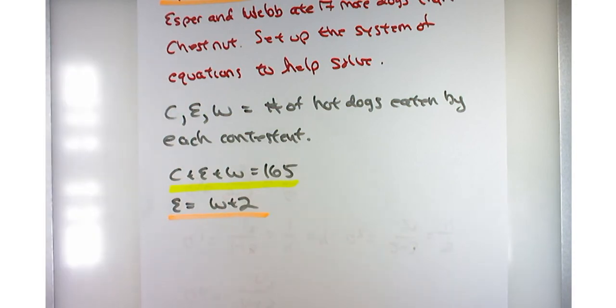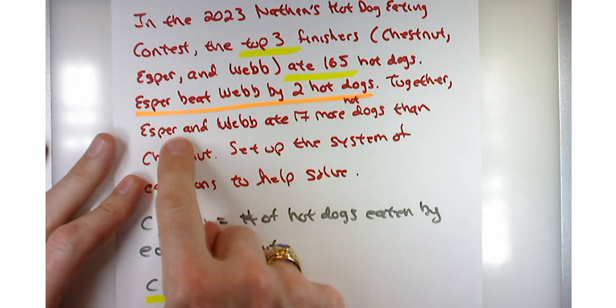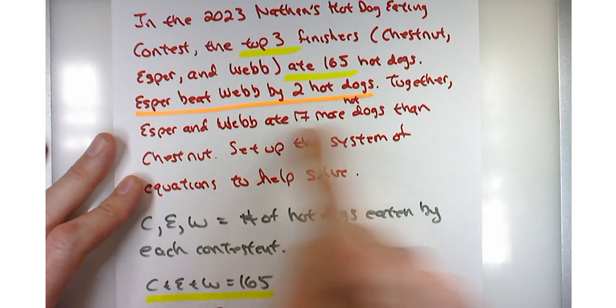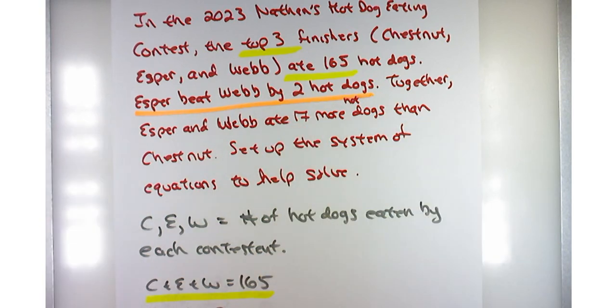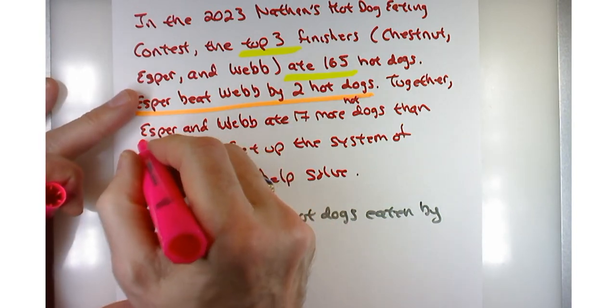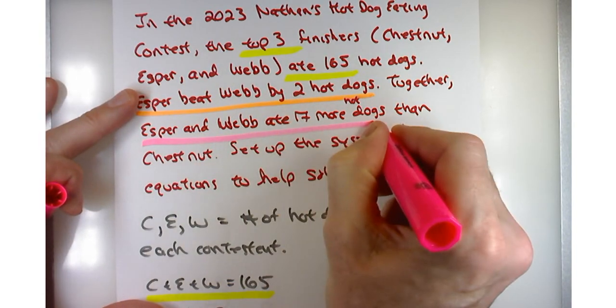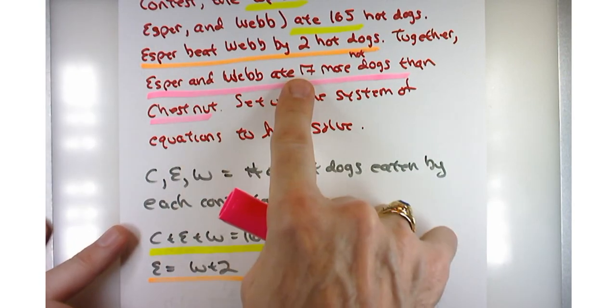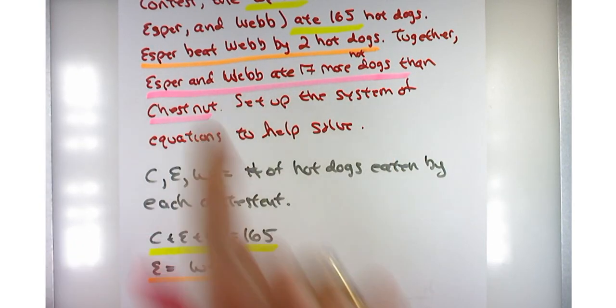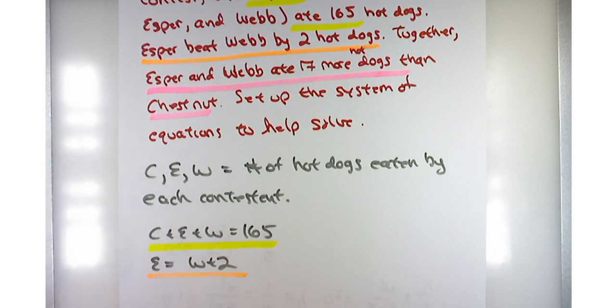And finally, together, Esper and Webb ate 17 more hot dogs than Chestnut. So there's a couple ways you could write this one. Esper and Webb together ate 17 more than Chestnut. Got anything on that one?